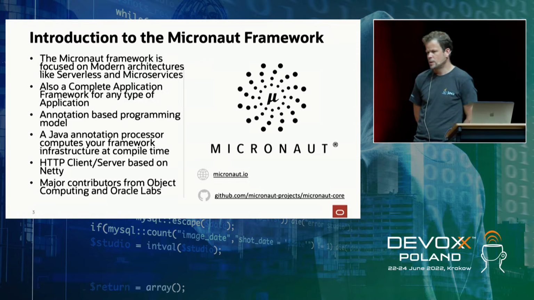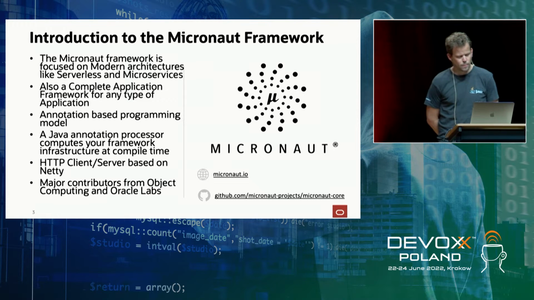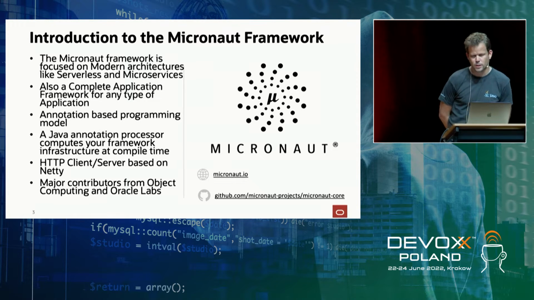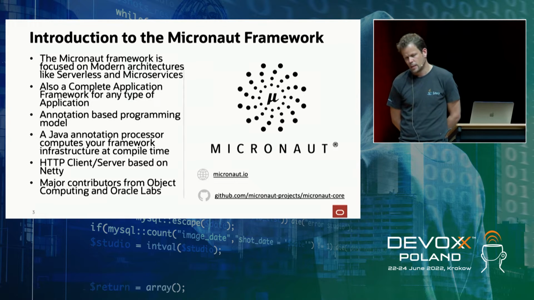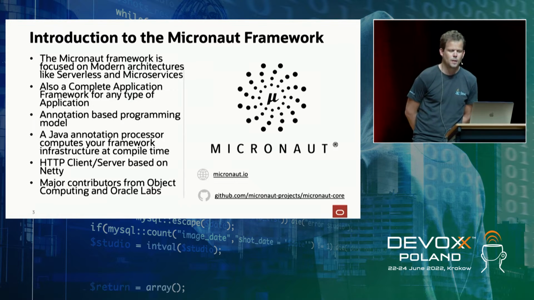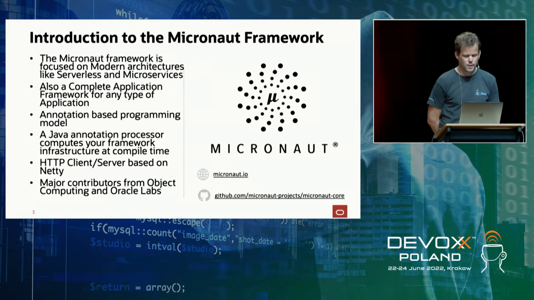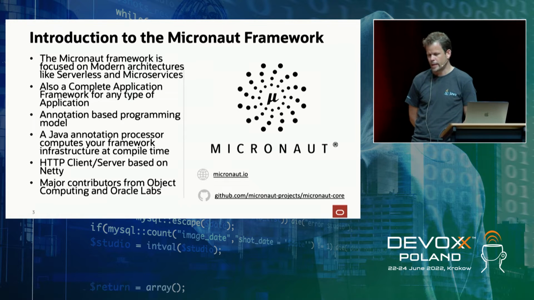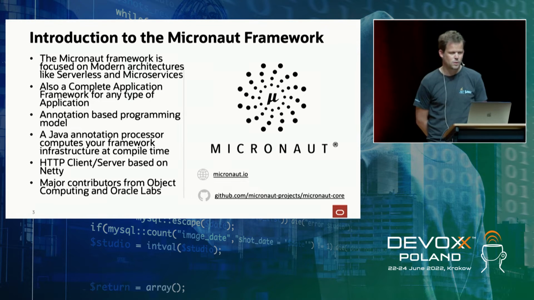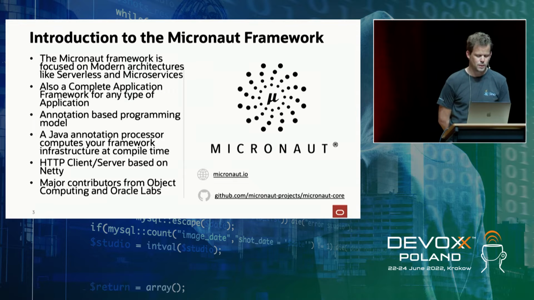Where it's different is that it essentially computes your framework infrastructure during the compilation phase by hooking into Javac, and eliminates the use of things like reflection and the runtime creation of proxies, and it essentially computes the dependency injection part at build time.